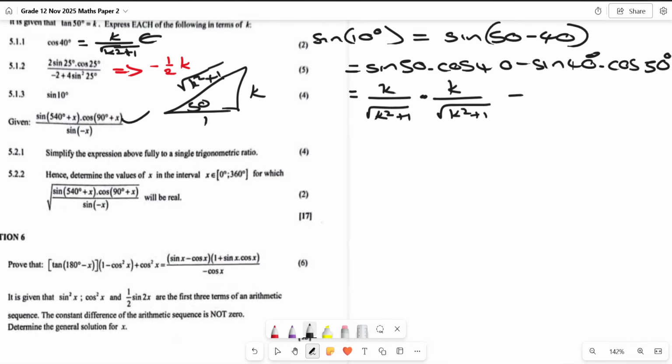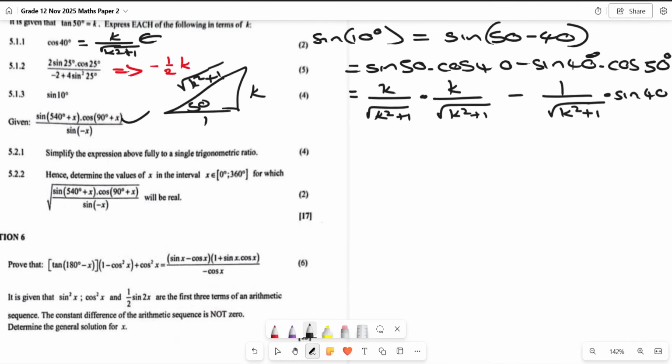And we are subtracting sine 40, which we don't have. But we have cos 50. Cos 50 is adjacent over hypotenuse, which is 1 over the square root of k squared plus 1.